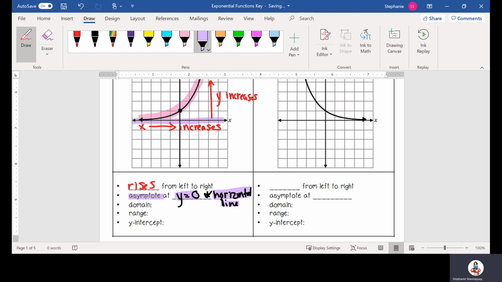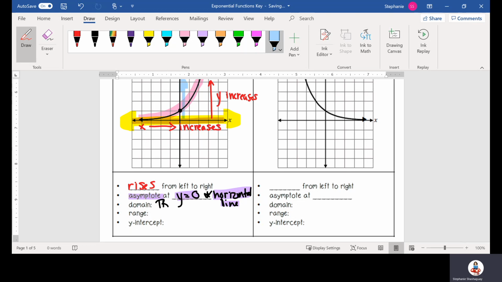Our domain for this function, just like it was for quadratics, is always going to be all real numbers when we're talking about exponential functions. And that's because this exponential function could have any value on that x-axis. Our range, I'm going to do this in the other blue, our range is going to be any possible y values.